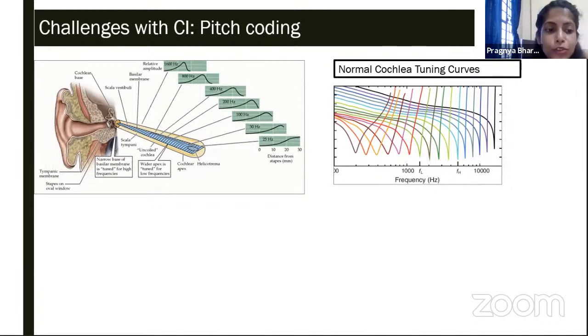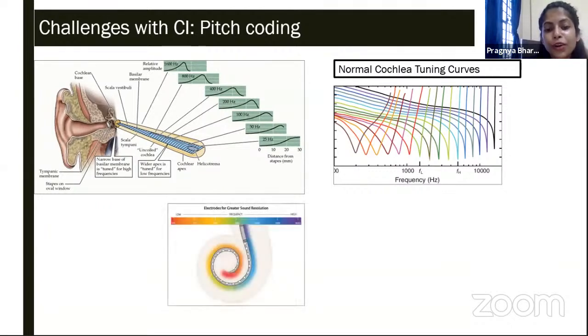The spectral resolution of a natural cochlea is very fine, or very high, but we cannot think of a cochlear implant or an electrode array to have thousands of electrodes to mimic the natural cochlea. This job has to be done by a limited number of electrodes.